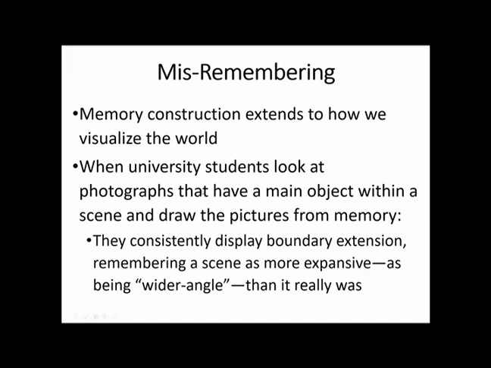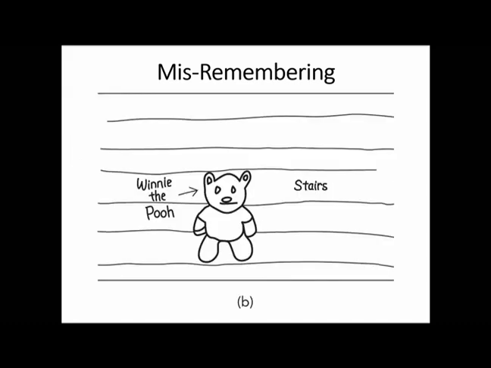And so university students that were shown that photograph will have that main object in the scene, and then they're going to draw everything around it. And we consistently see what's called a boundary extension. So they remember the scene being larger, or as if they were standing further back than what it really was. And so this is what people tend to draw.